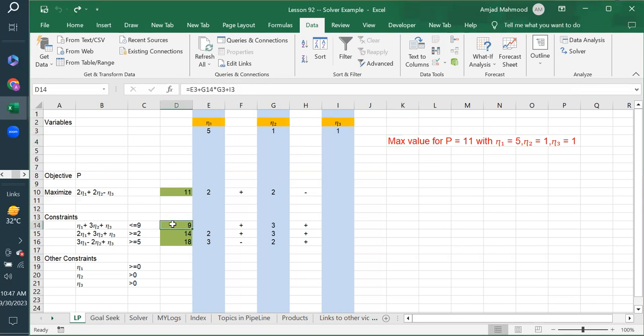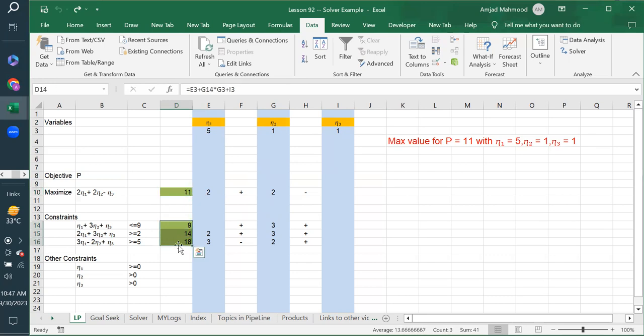And similarly, as soon as the value is here, it is going to pick the P value, which is the result of all these things. The algebraic notation is this, but in Excel language, you will write 2n1 as 2 times n1. So this is 5 into 2, 10, and then 2, and similarly this, and then minus 1. So that makes 11, right?